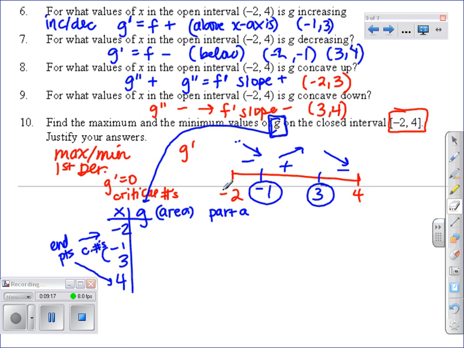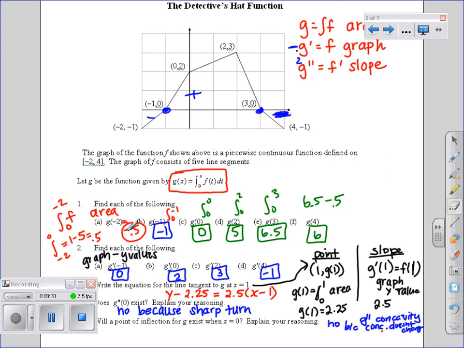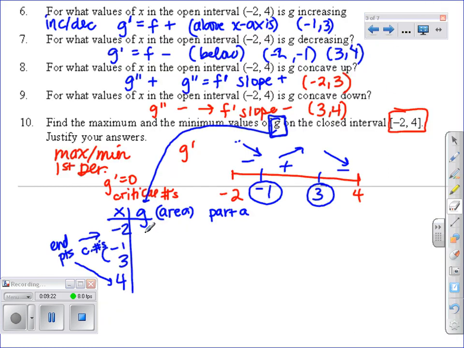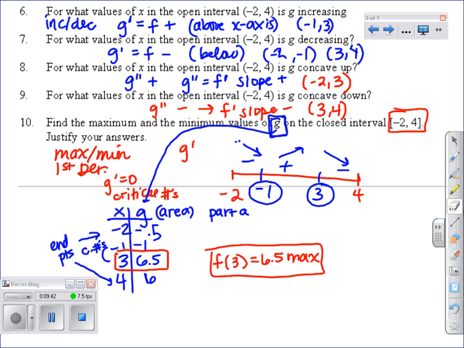So if you look on part A, -2 is equal to -0.5, and then -1 was equal to -1, 3 was equal to 6.5, and 4 to 6. So our max is at 3, 6.5, and our min is equal to -1, -1. Whichever one's the smallest, whichever one's the biggest. That tells you what your max and your min is.